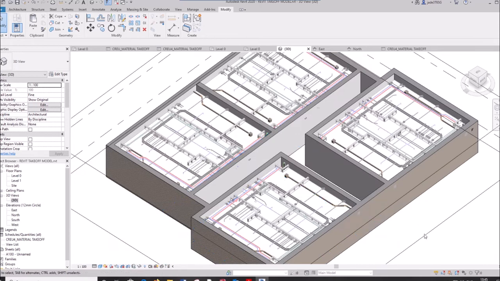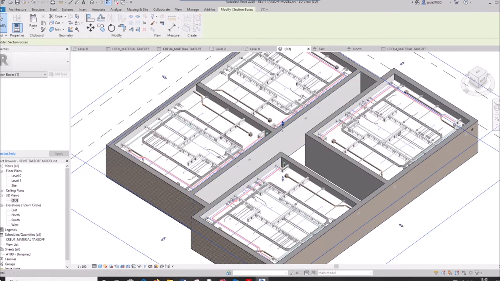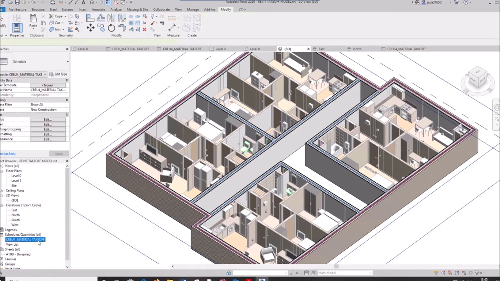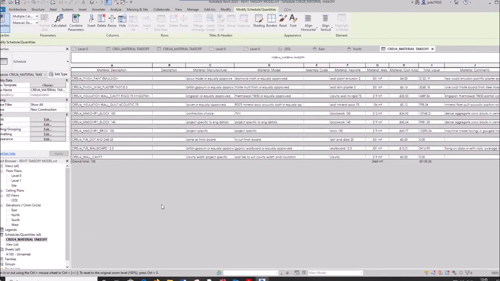And because we're working in Revit also, we are developing a material takeoff. So this is informing a cost plan from very early on. These are rates that we picked up from Spon's, so they may be too high, too low, incorrect.